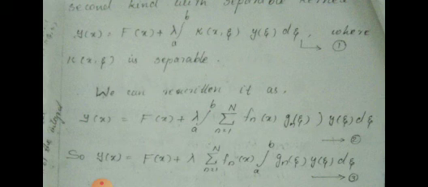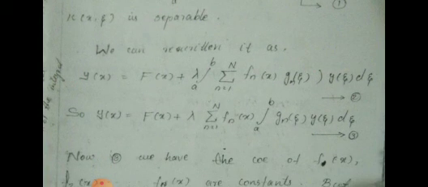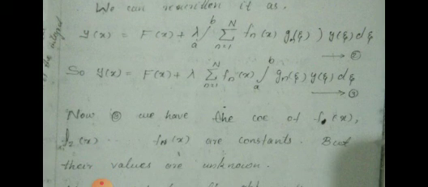We can write it as y of x equals f of x plus lambda times integral a to b summation n equal to 1 to n fn of x gn of theta y of theta d theta. So y of x equals f of x plus lambda times summation n equal to 1 to n fn of x integral a to b gn of theta y of theta d theta.